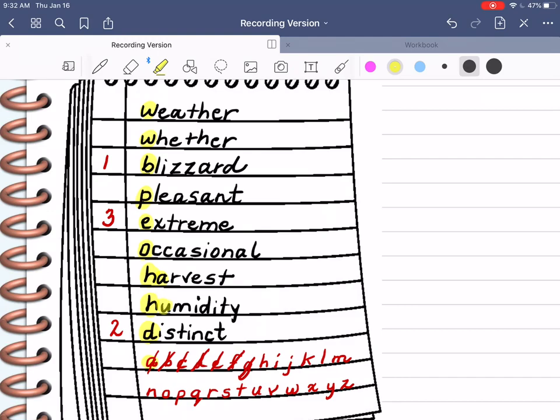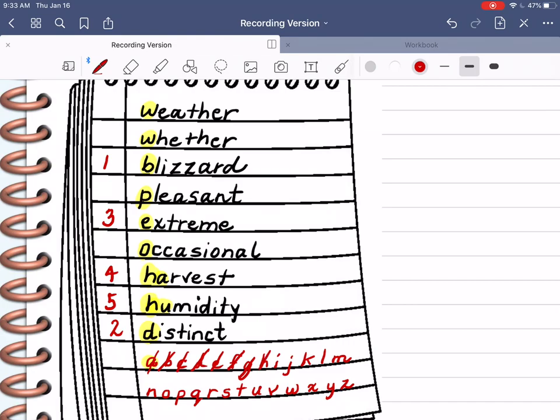and humidity. So we have to look at the first 2 letters of the word. The H is the same, so we move over to the second letters, and those are A's and U's. So harvest comes 4th, humidity 5th. So if you have 2 of the same beginning letter, you look at your second letter.